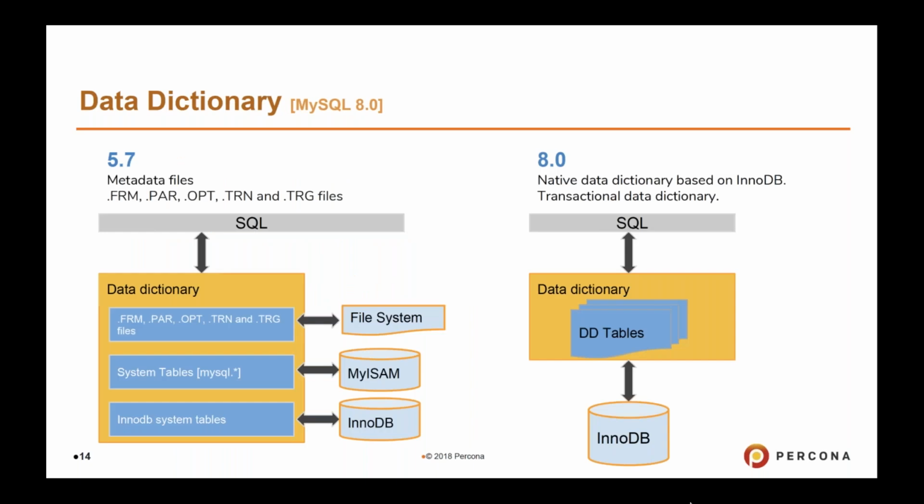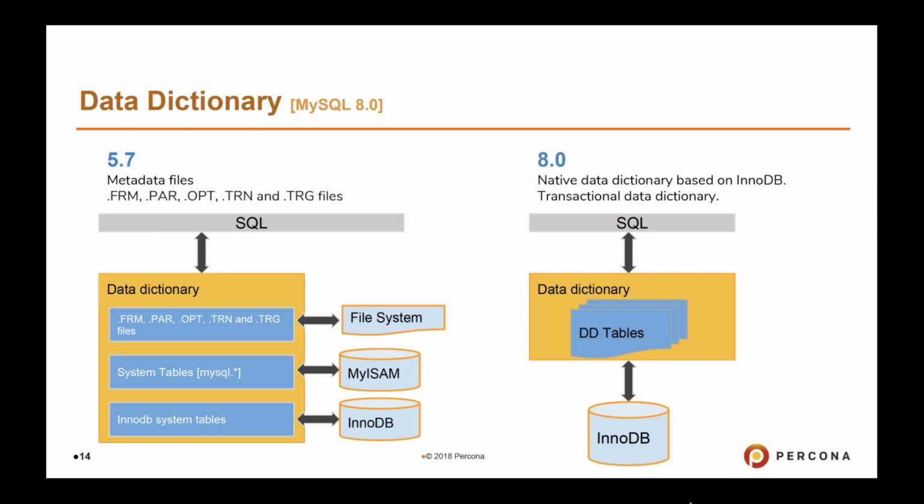Okay. If you look at the diagram for 5.7, you can see that whenever you create a table, it creates an FRM file, and depending on the storage engine, it will create other files. Like for MyISAM, along with the FRM, it will create MYD and MYI files.